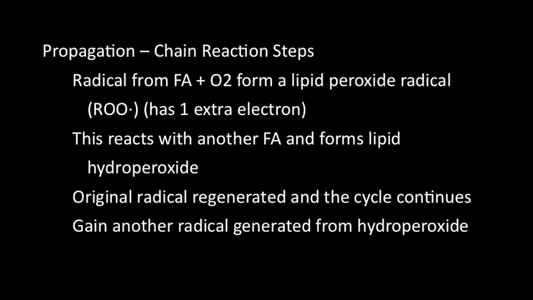The chain reaction of a free radical begins with the formation of a carbon free radical from a fatty acid reacting with oxygen, which here is called a lipid peroxide.